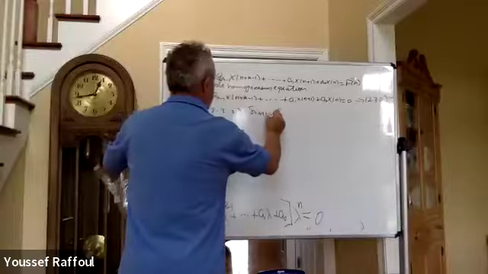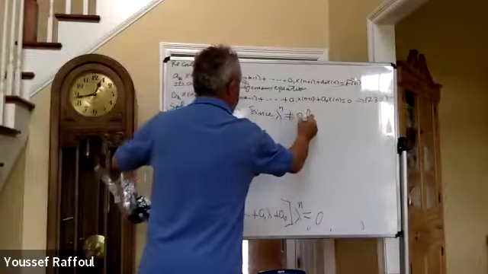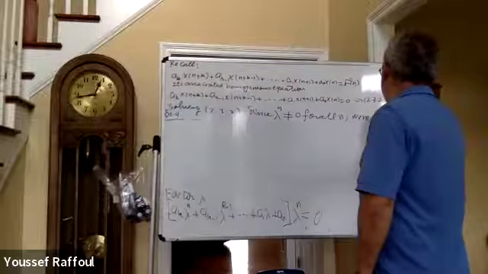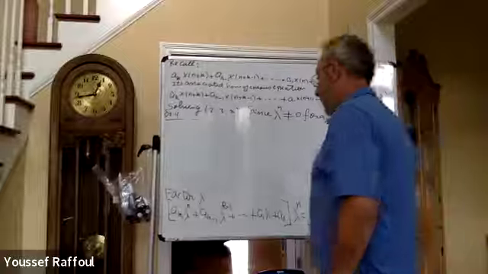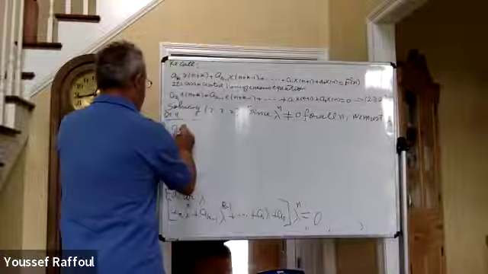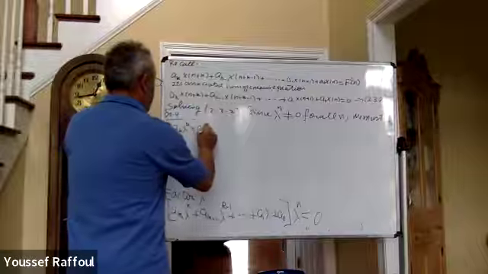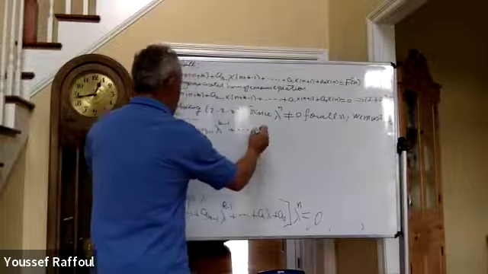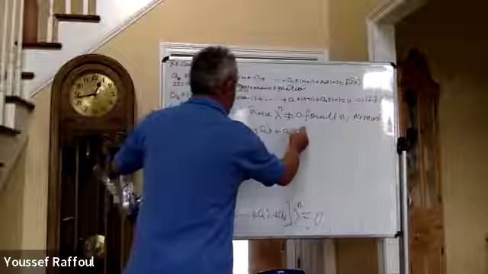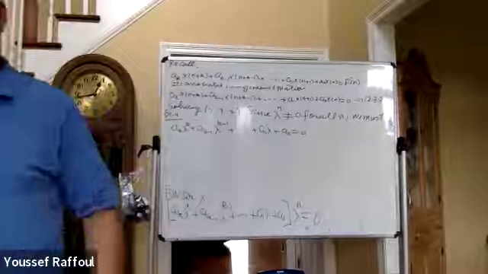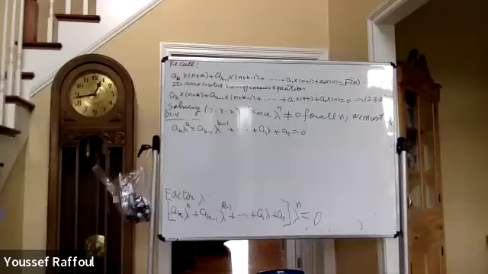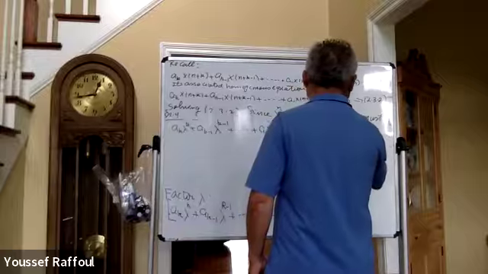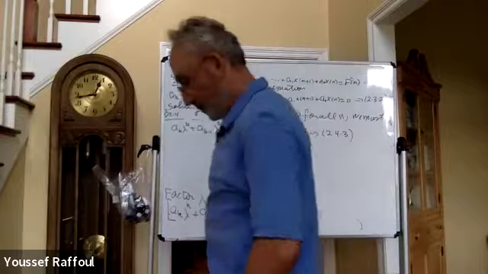Since lambda to the n is never 0 for all n, we must have ak lambda^k plus a(k minus 1) lambda^(k minus 1) plus a1 lambda plus a0 equals 0. I'm sure I gave it a name, 2.43. Okay?